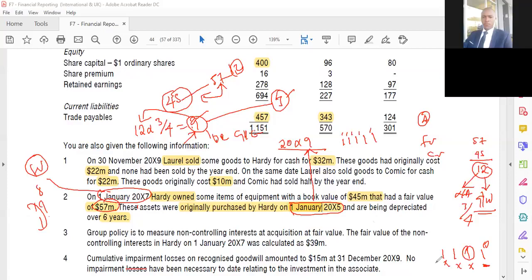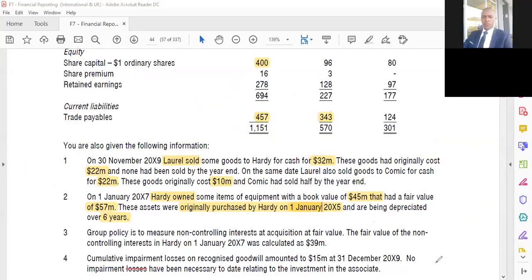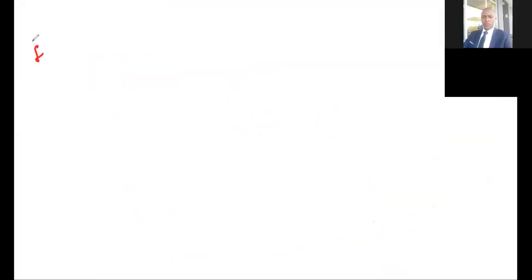Are you okay at this point? Yes, we can proceed. Remember, we're still doing the consolidation adjustments. So what do we do? We go to our fair value working number 3, fair value adjustment. The fair value was how much? It was 57.